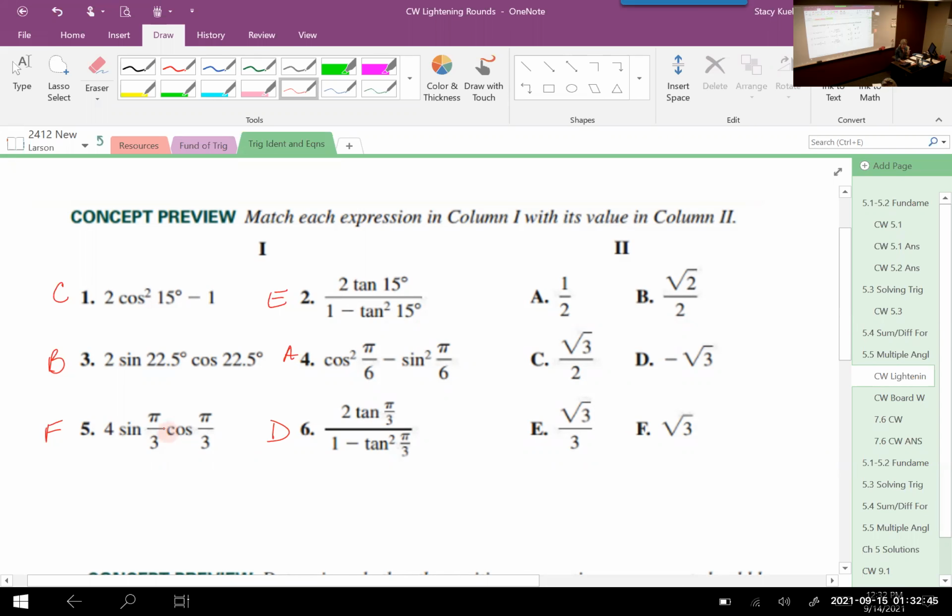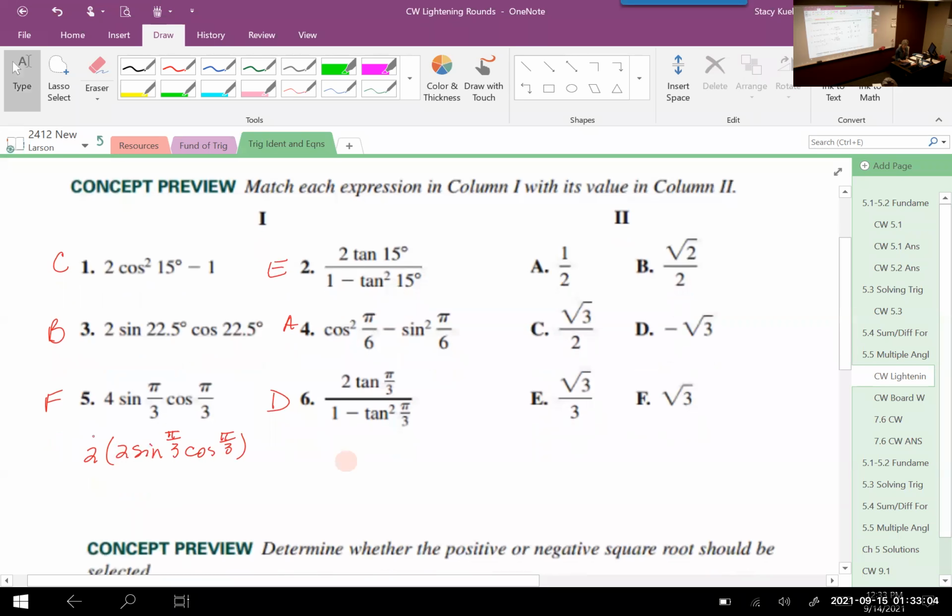It looks a lot like the double angle of sine.